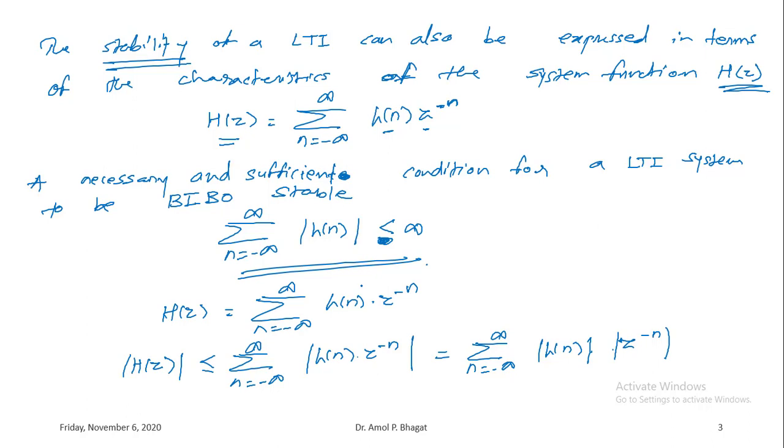Again, these causality and stability conditions are used to analyze or identify the response of a system in the Z domain. In the previous session we were discussing analysis of LTI systems, linear time invariant systems, in the Z domain. So in the Z domain, causality and stability are analyzed by using the system function, H(z), of the LTI system.